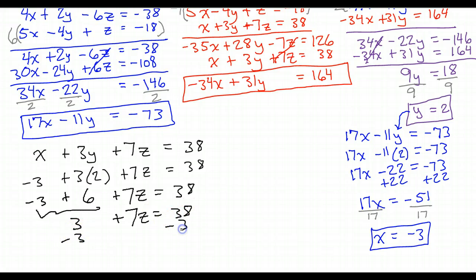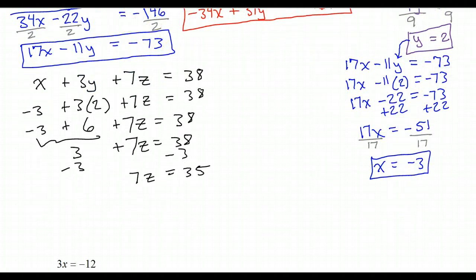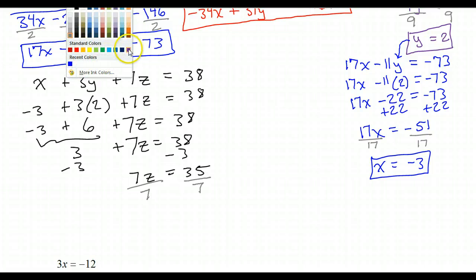Subtracting 3 from both sides gives us 7z equals 35. And finally, dividing both sides by 7, we find that z is 5.